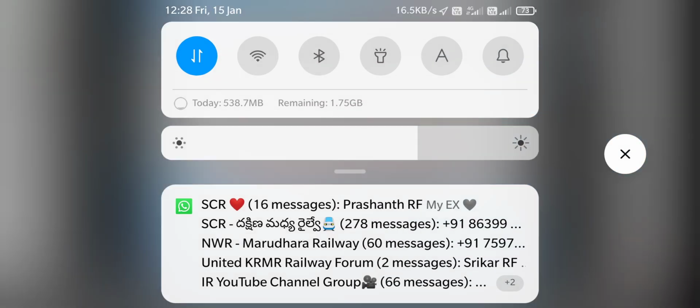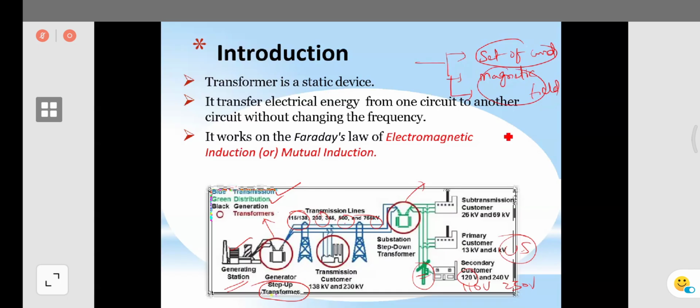Here the set of conductors and the magnetic field are both stationary, so there are no rotating parts. Thereby the transformer is a static device. Static means stationary. There are no rotating parts in transformers.